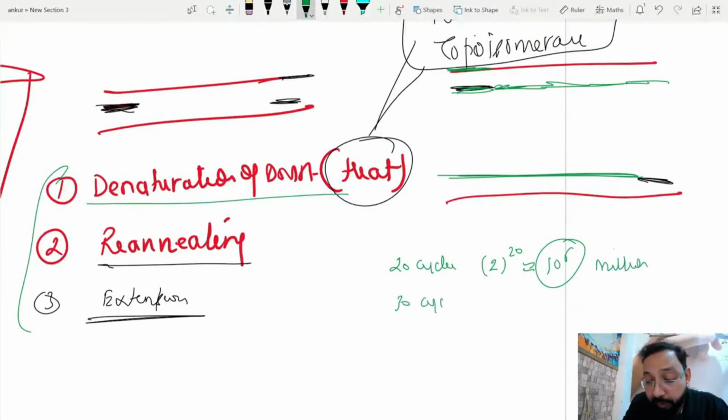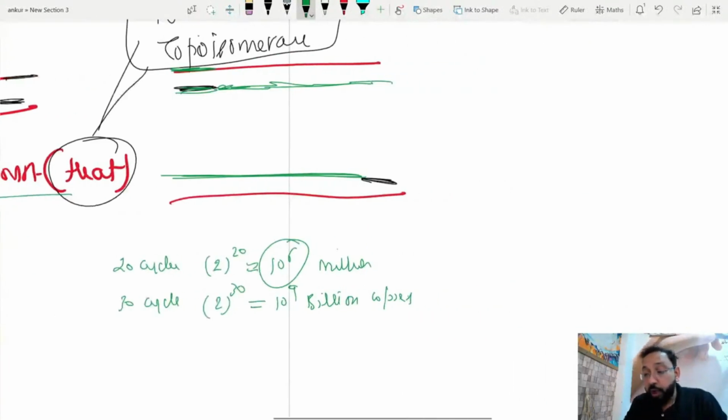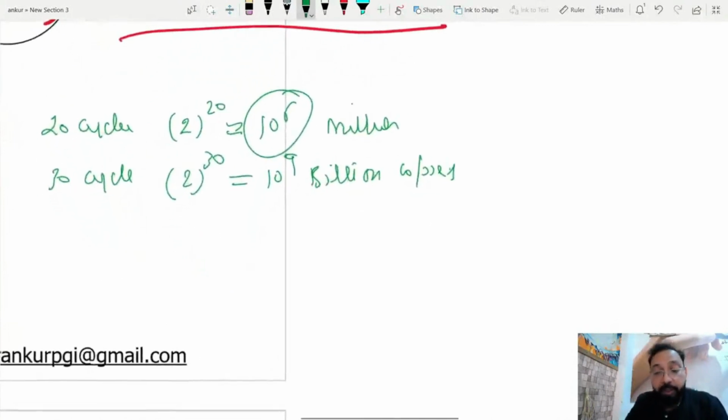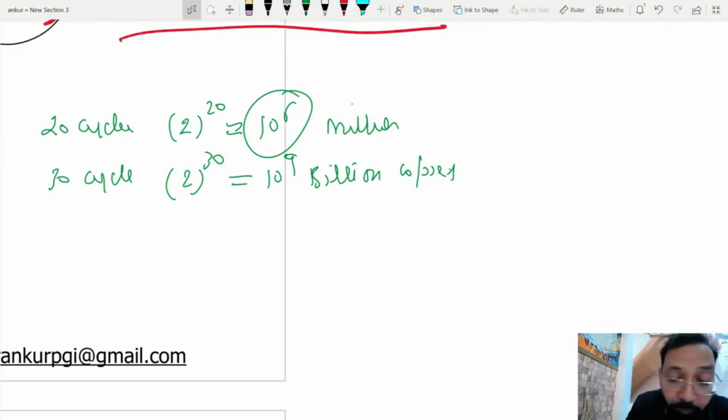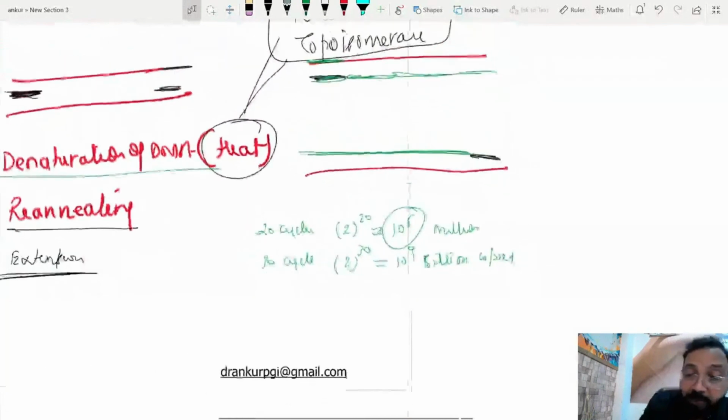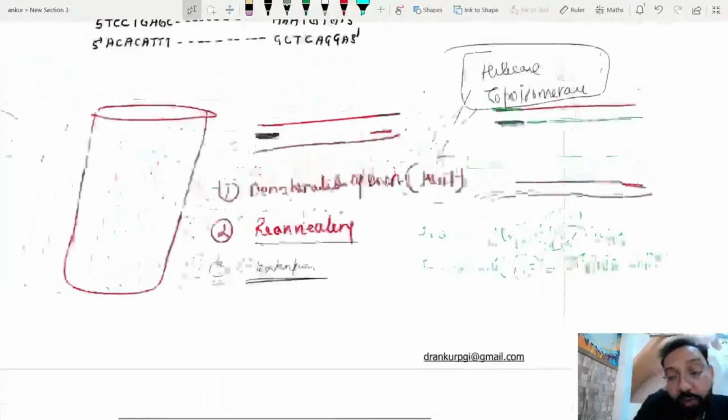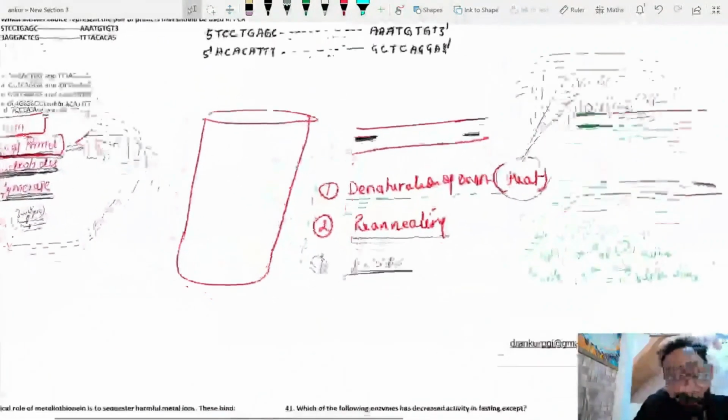After 30 cycles, 2 to the power 30, around 10 to the power 9, billions of copies of the target DNA is produced. Yes, so this is PCR. In a short time you will get multiple copies.